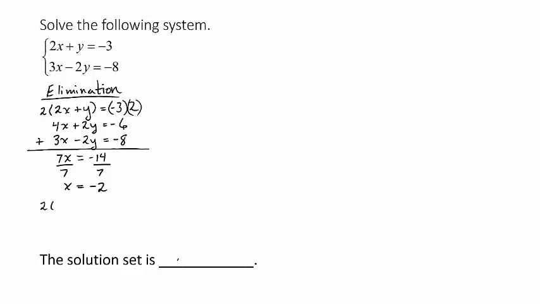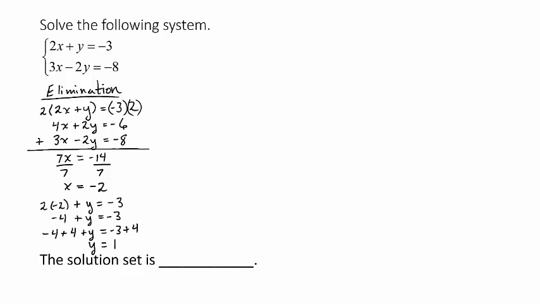I've got 2 times -2 plus y is equal to -3. So -4 plus y is equal to -3. So I want to solve this for y, so I'm going to add 4 to both sides. -4 plus 4 plus y is equal to -3 plus 4. What's -3 plus 4? Well, +1.